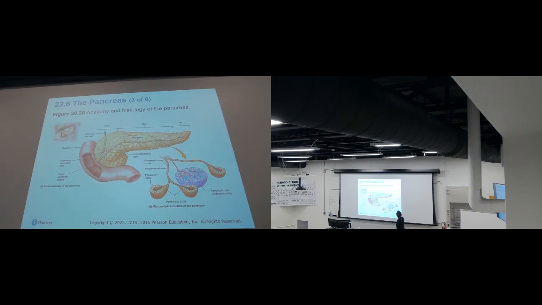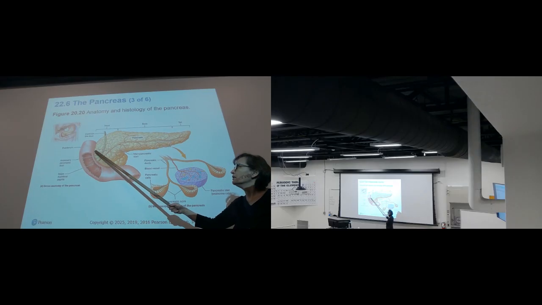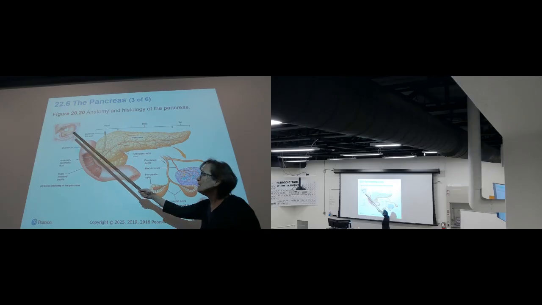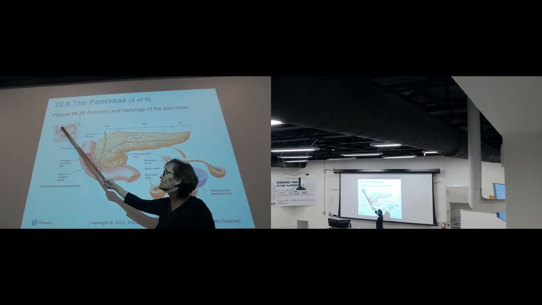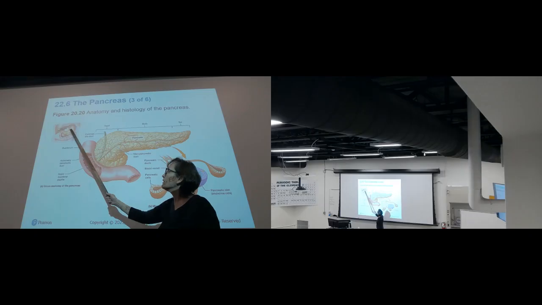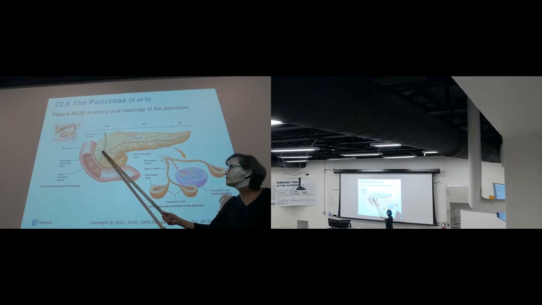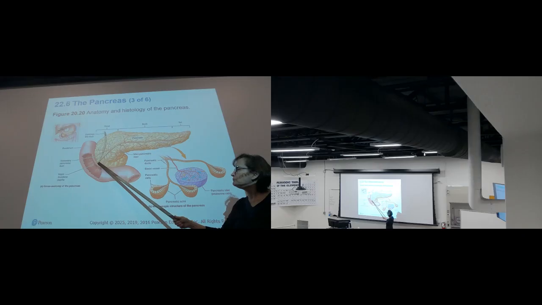And now, why do we have an accessory duct? Well, oftentimes the gallbladder has stones, and one of these stones runs through this common bile duct, and it can occlude this pancreatic duct.